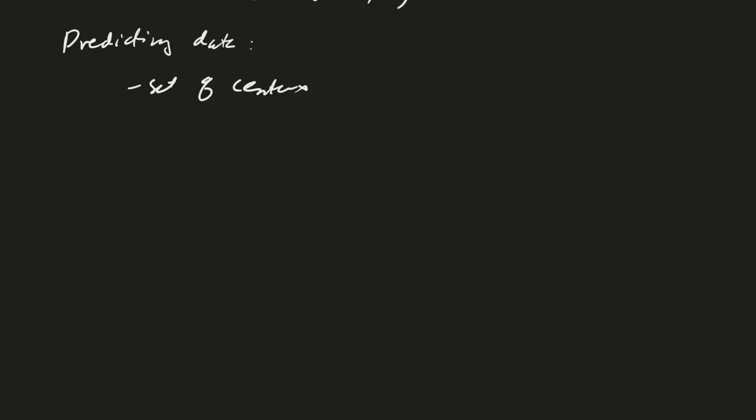We need to have the transfer function phi. We need to have the weights and biases W and B. Okay, and so now we're going to assume that W is M by K and B is M by 1.